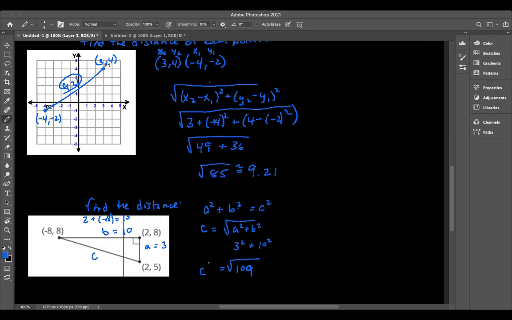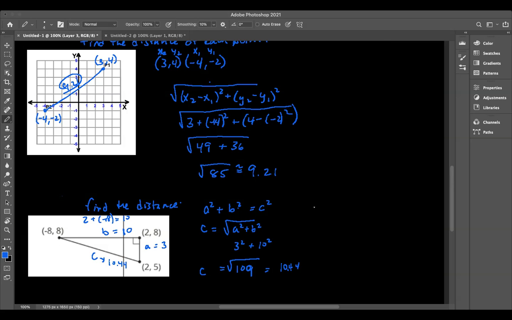I don't think it breaks down any. Actually, I don't think there are any values that would work for that, so that's why it's tough. So for the approximate value of that, use your calculator, it would be 10.44. So that would be the distance of that, 10.44. I can check that.